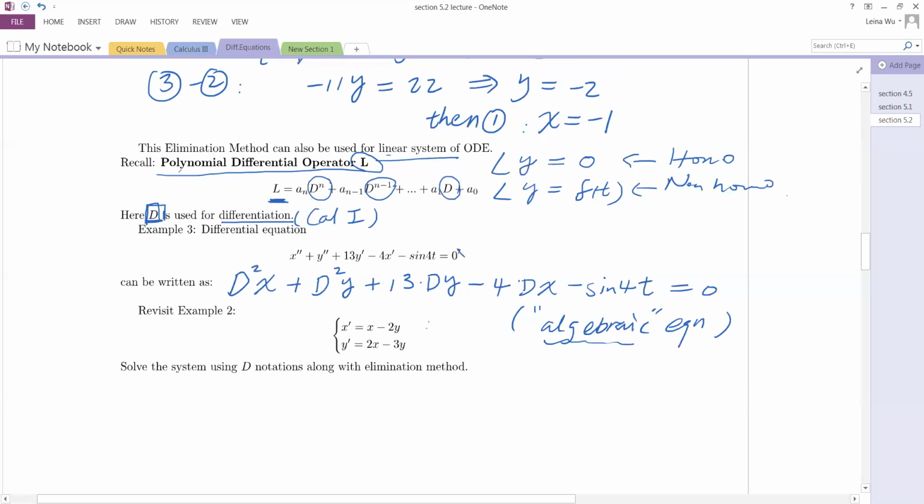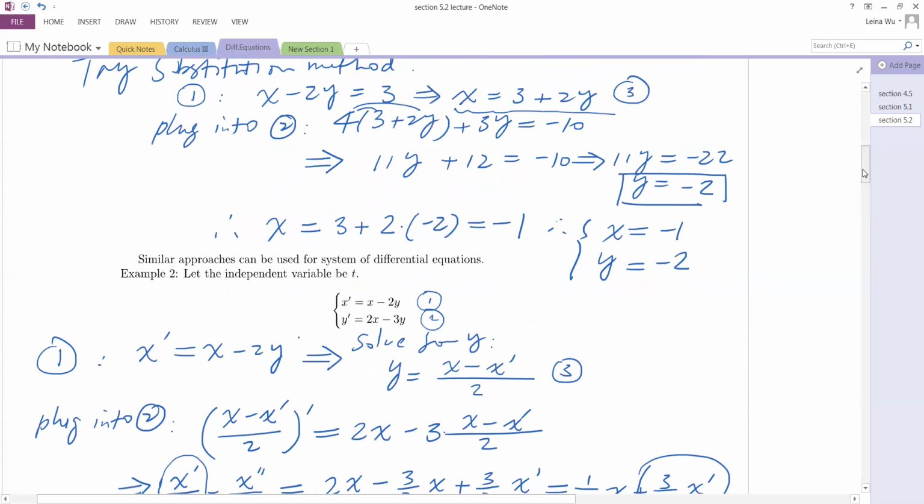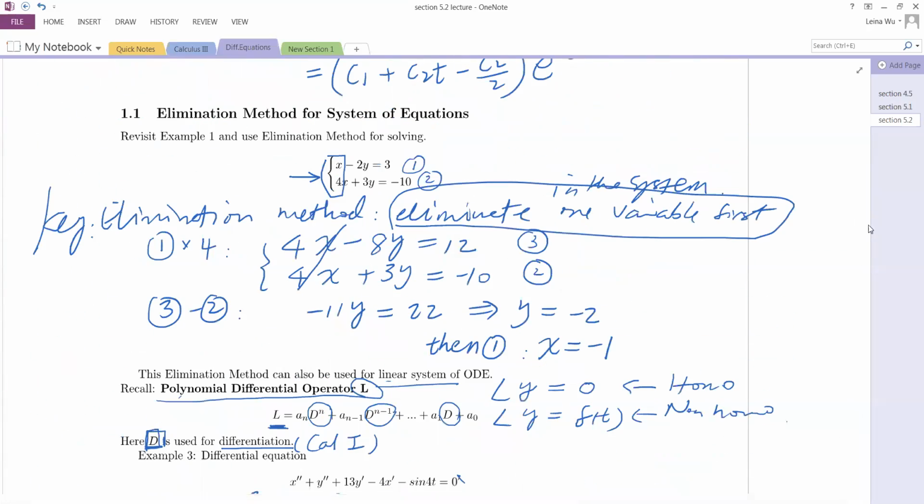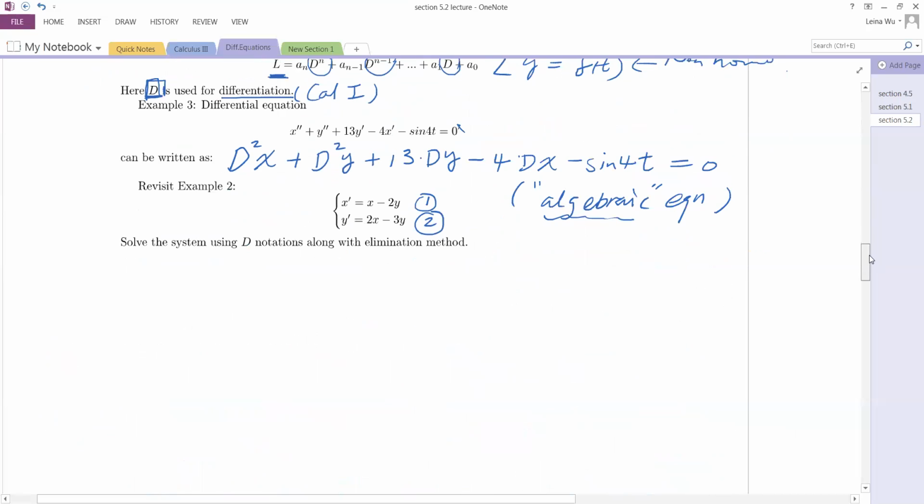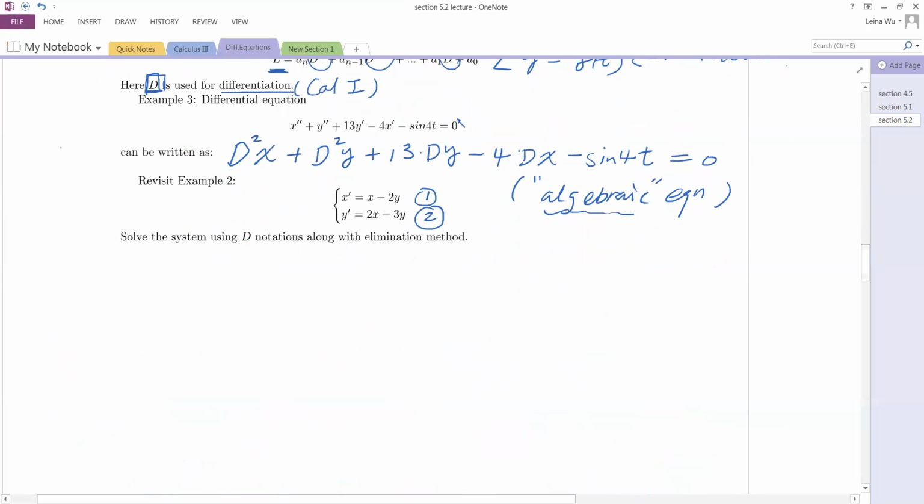With this in mind, let's rewrite the following system. Okay, the following system, example 2. x prime equals x minus 2y, y prime equals 2x minus 3y. The one that we did previously. I asked you guys to do it, right? This question right here. Let us rewrite everything in terms of the D notation, which is differentiation notation.